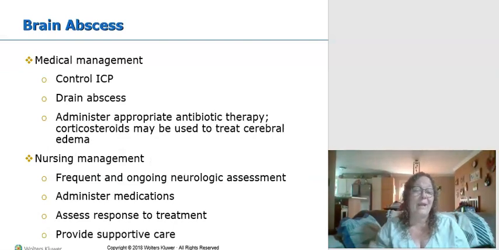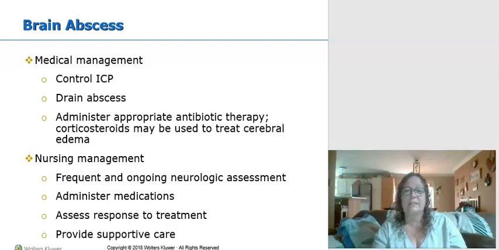So medical management is the control of the intracerebral pressure, draining the abscess, administering appropriate antibiotic therapy. Corticosteroids may be used to treat cerebral edema. The nursing management is frequent and ongoing neurological assessment, timely administration of ordered medications, usually antibiotics and other meds, monitoring for their effectiveness, assess their response to treatment, right?